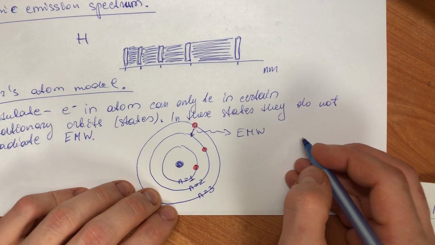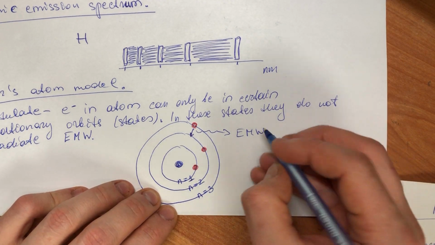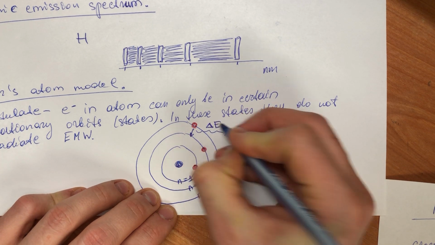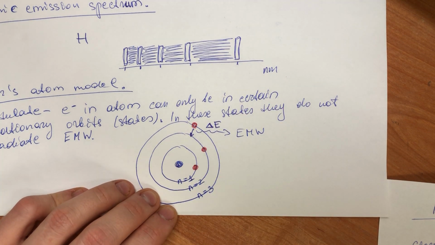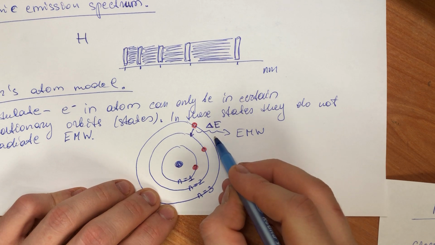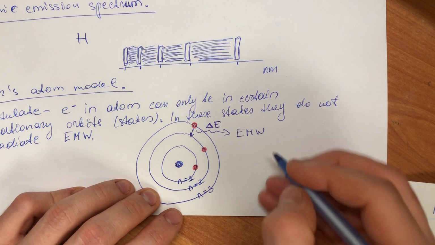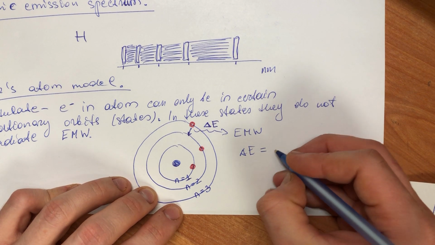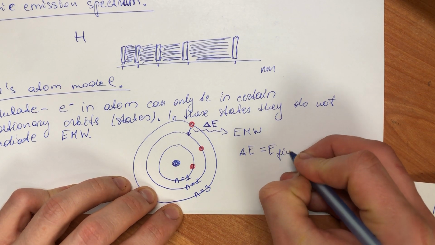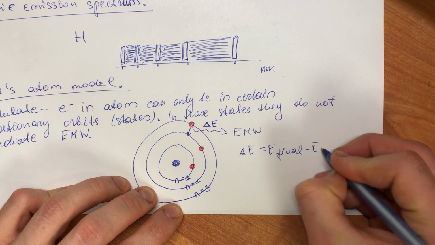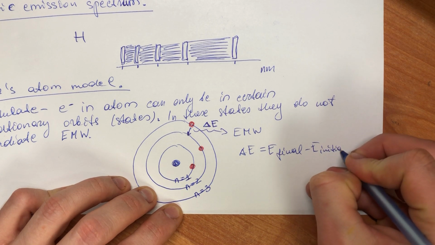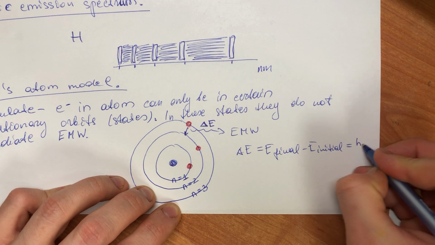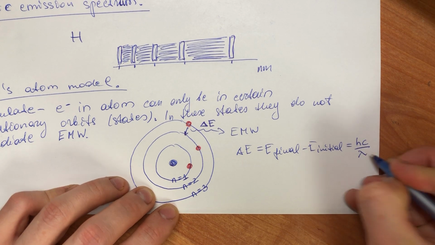So this is delta energy, the change of energy that is emitted by the electromagnetic wave, and it can be written that delta E would be E final minus E initial, and it would be equal to what? hc divided by lambda.